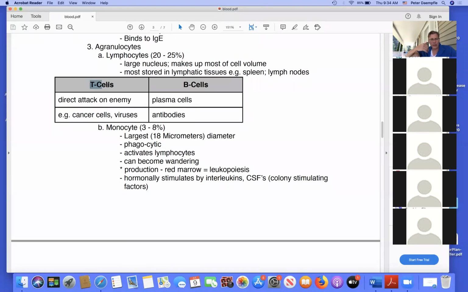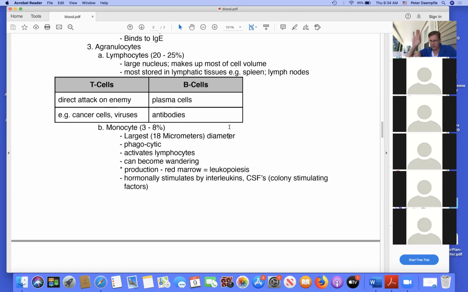There's two types of lymphocytes, T cells and B cells. You will learn about that more when we do immunology, but I want to differentiate them right here and now because it's good for you to think about early on. T cells directly attack the enemy, like cancer, viruses, direct attack. Not T helpers, but many of the T cells, cytotoxic T cells, etc.